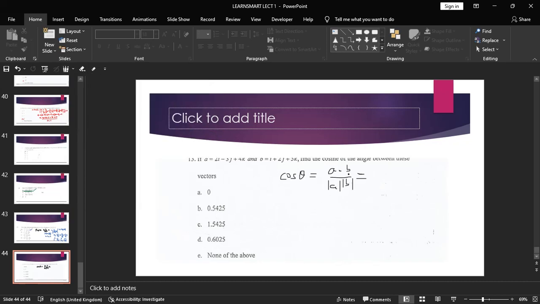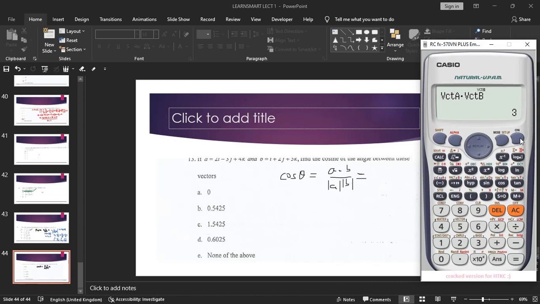So let's try finding A dot B and then magnitude of A and B. Right. So let's find magnitude of A. So magnitude of A is equal to 2 squared plus minus 3 squared, and then 4 squared.